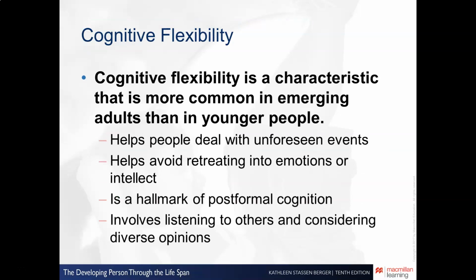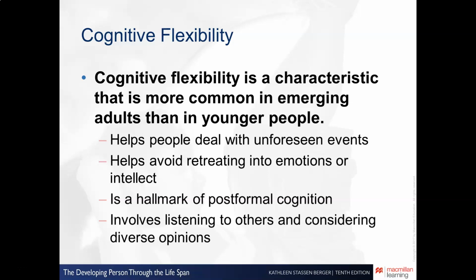The term cognitive flexibility: if you just think about it, cognitive means mental processes, and flexibility just means the ability to not be rigid in one's thinking approach or reasoning approaches. A little more flexible, no pun intended.